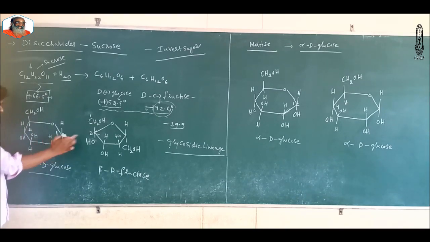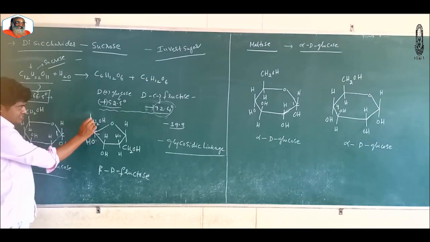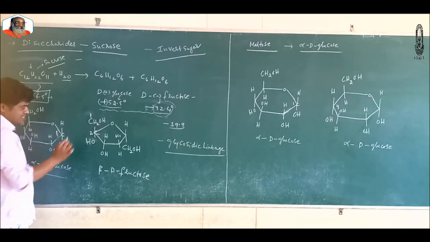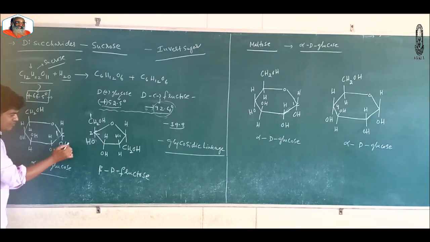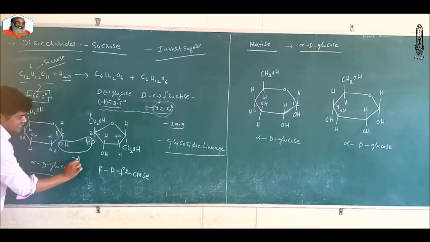See here, alpha D glucose, first carbon, second carbon. To this second carbon there is OH as well as CH2OH. Water molecule is removed. See here, minus H2O.